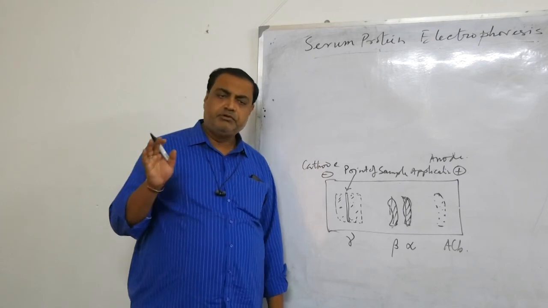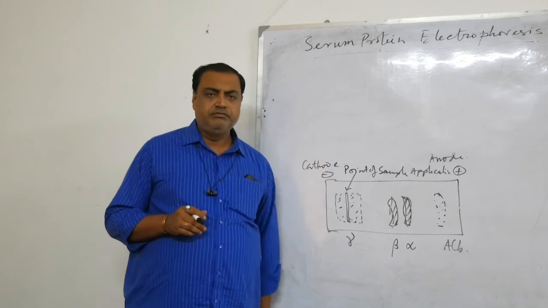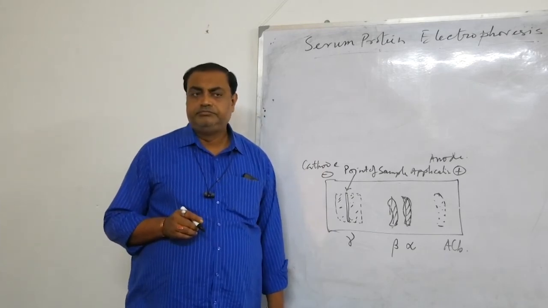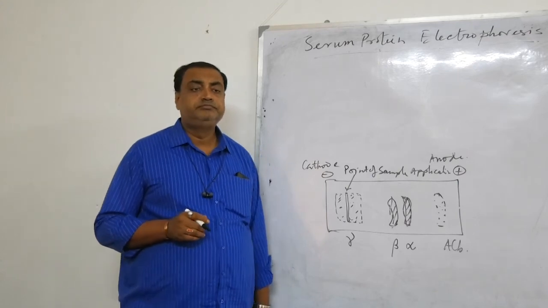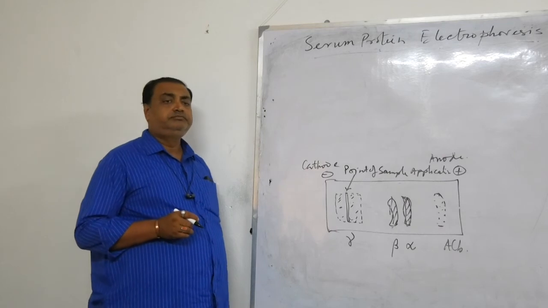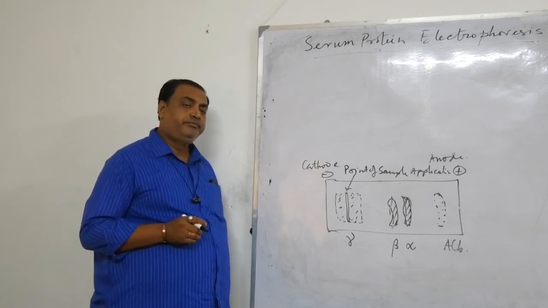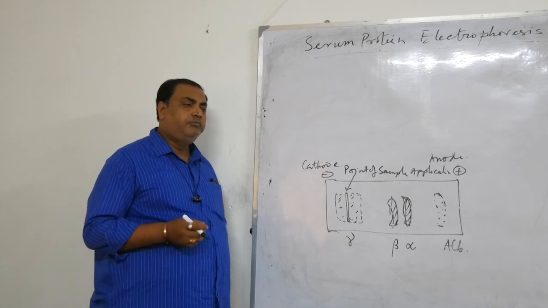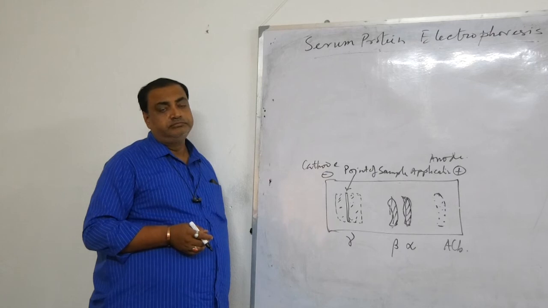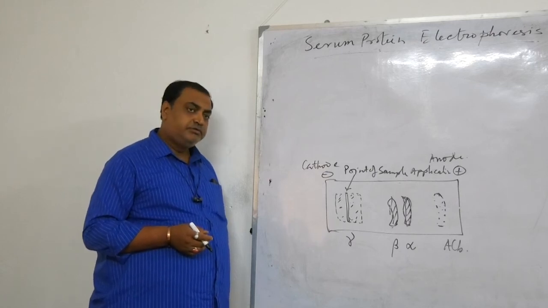So what could be the possible reason behind it? By seeing the slide, what could we know? How do you support your observation? What about alpha and beta? Have they reduced?